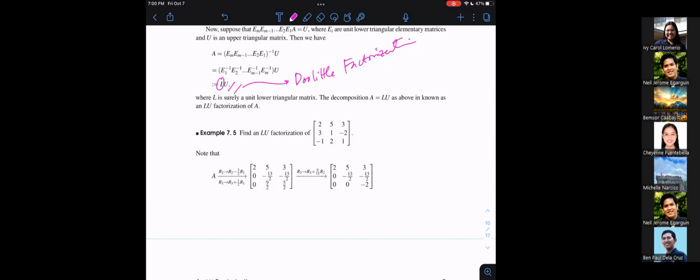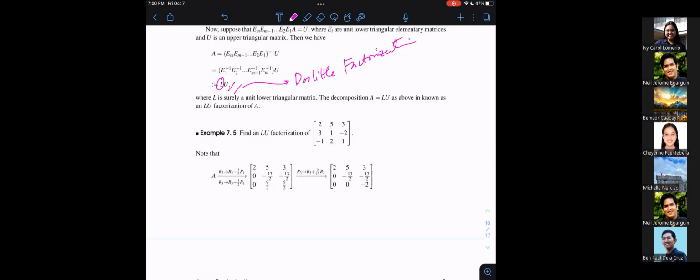So basically, the machine will build up the model for us. Pero dito sa LU factorization, tayo yung maghahanap ng formula by hand kung ano yung laman ni L, ano yung laman ni U. So basically, this is just one tool na pwede natin gamitin pag nag-machine learning na tayo.